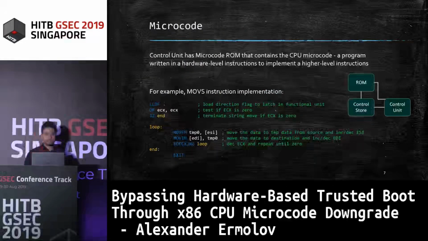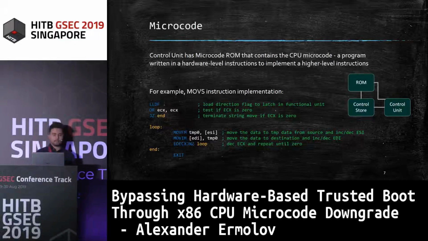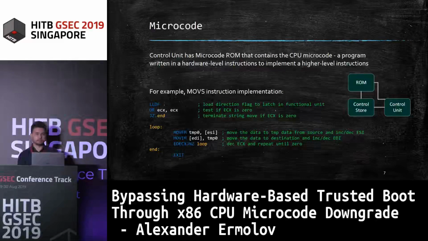So what is the microcode actually? It is a program inside the read-only memory, which is stored inside the CPU. Each core has its own read-only memory.